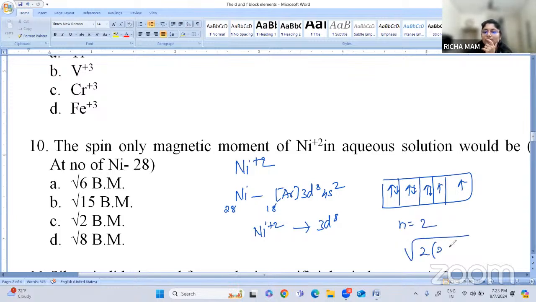So 2 into 2 plus 2, so it will be 2 into 4, which is 8. So square root of 8, option number D. Who all have got it as option D? Yes, Akhila has got it, Shivaruni has got it. Very good. Lubna has got it. Very good.